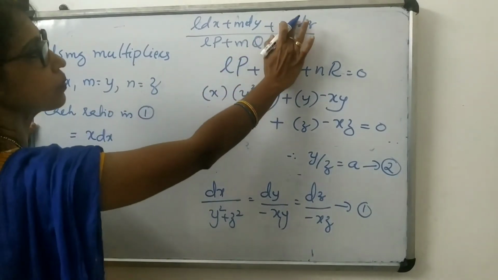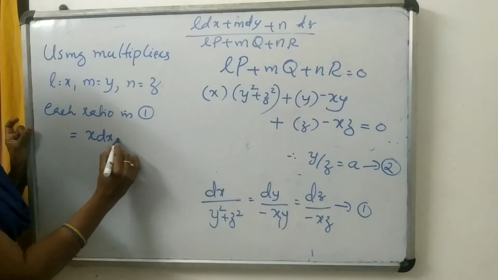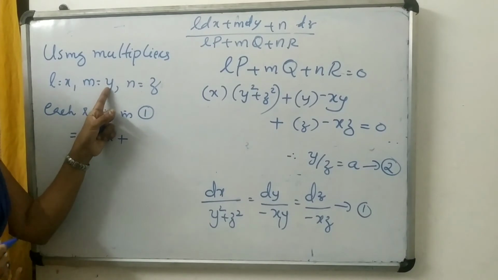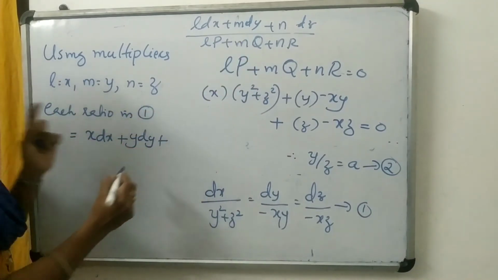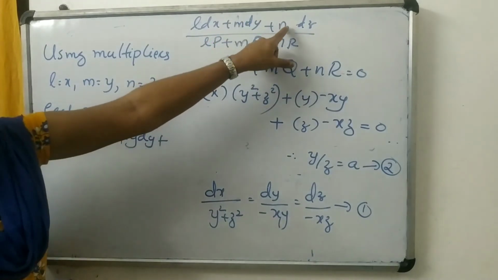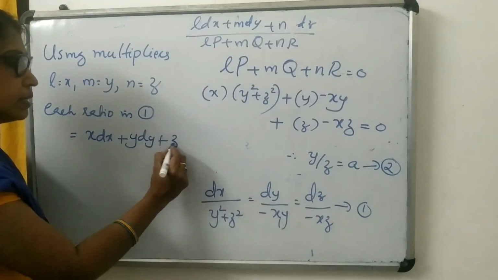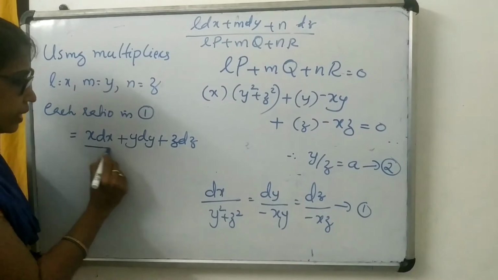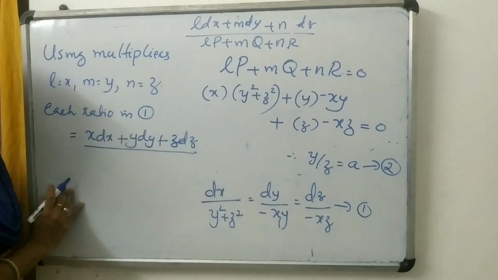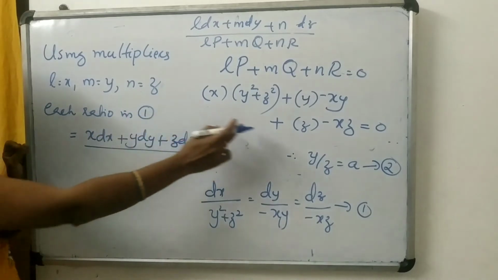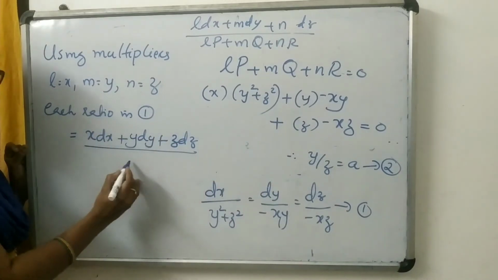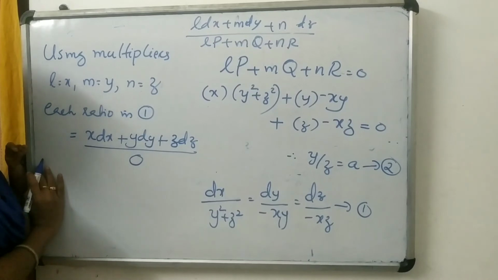So x dx plus y dy plus z dz divided by LP plus MQ plus NR. What is LP plus MQ plus NR? It is 0. So I am simply writing 0 here.